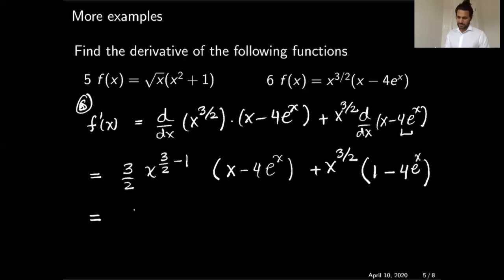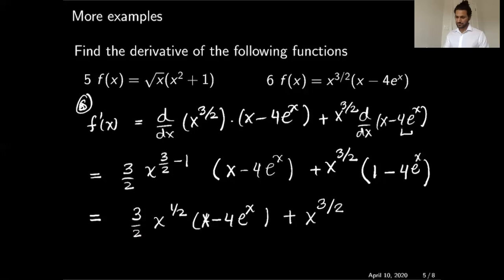So this is 3/2, and 3/2 minus 1 is just 1/2. This is x to the power 1/2 times x minus 4 e to the power x, plus x to the power 3/2 times 1 minus 4 e to the power x.